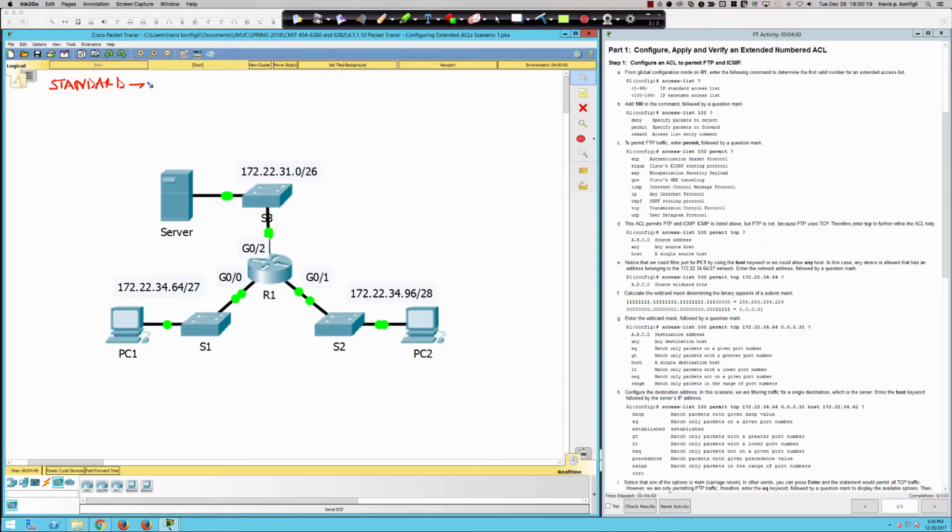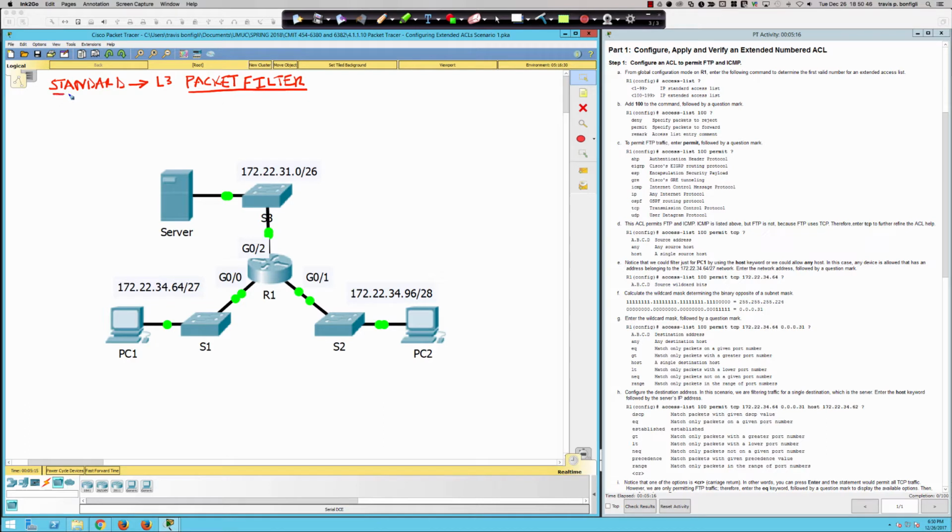The thing about the standard ACL is it is a layer 3 packet filter. And when we talk about access control lists, what are they? Well, they're not stateful. They are stateless. They simply look at every single packet and make a decision on every single packet as to whether or not they're going to permit or deny that packet.